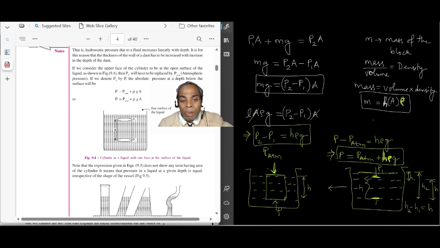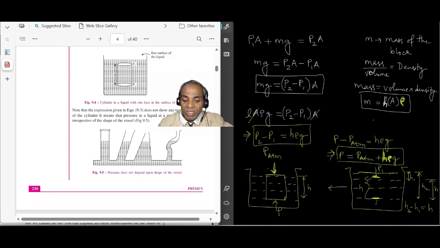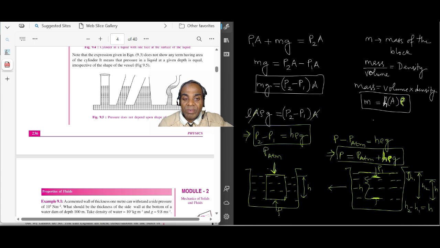Now pressure atmosphere is generally taken, in atmospheric units, as 1 atmosphere. Okay, in that case the pressure at a depth is directly equal to rho gh. Otherwise, if we are talking of the difference in pressures in the case of a submerged object, then the difference in pressure is equal to rho gh. Okay, so this is about the hydrostatic pressure at a depth in a given liquid.